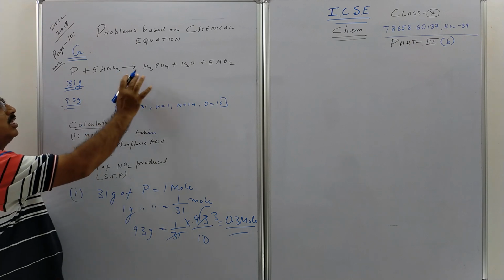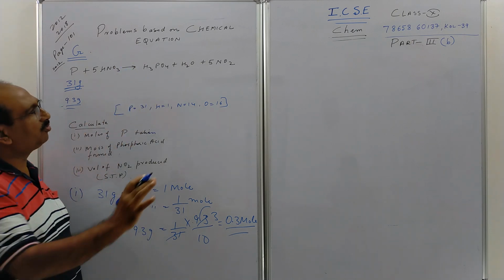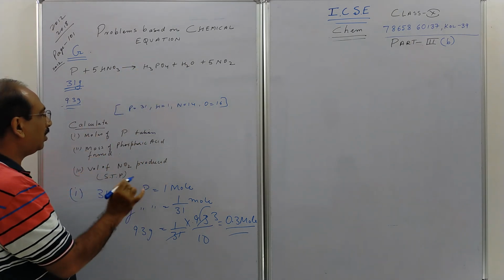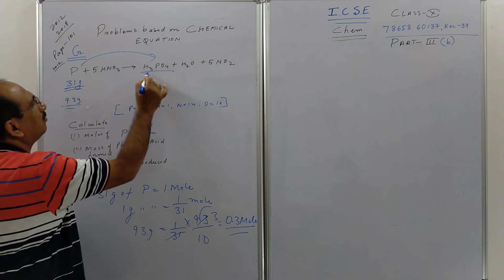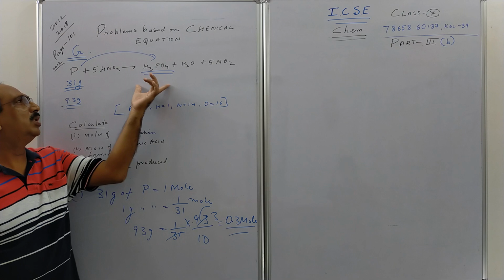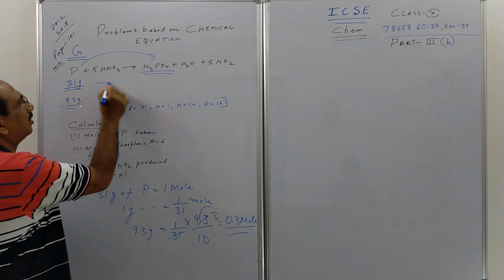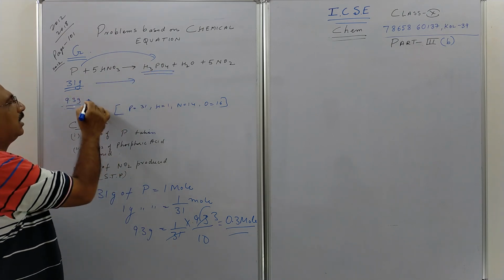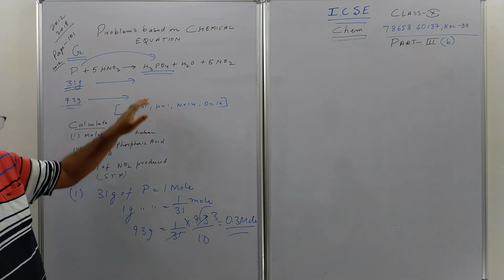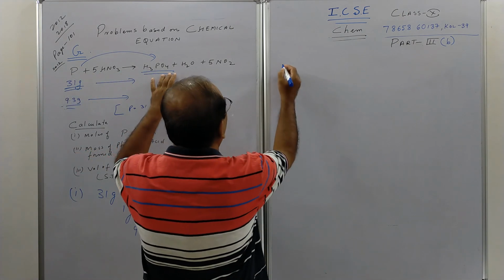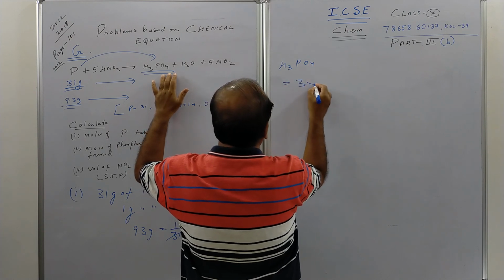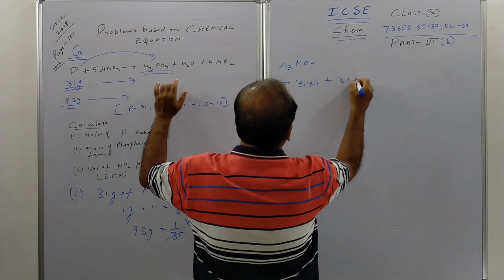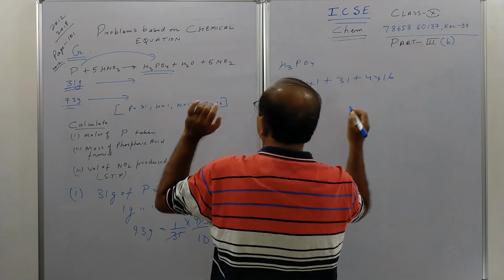Second part, mass of phosphoric acid formed. So here, whatever we need, we find the molecular weights. Mass of phosphoric acid. So 31 grams gives how much? As per the equation, this equation will tell, then we will see for 9.3 gram. So here let us find the molecular weight of phosphoric acid. H3PO4, hydrogen is 1, phosphorus is 31, oxygen is 16.